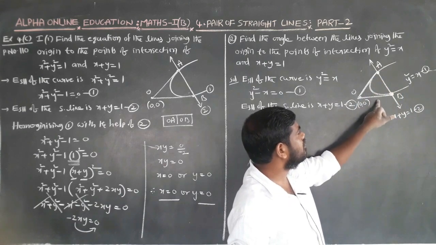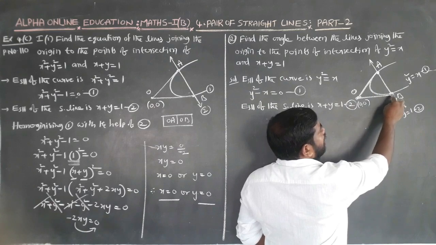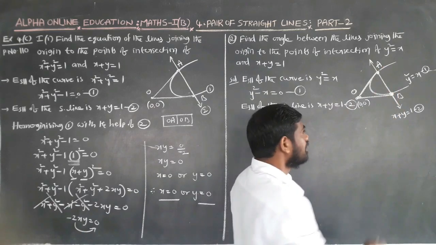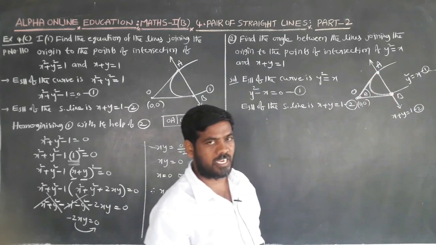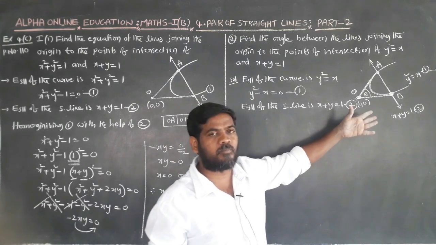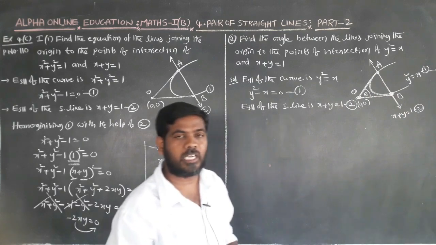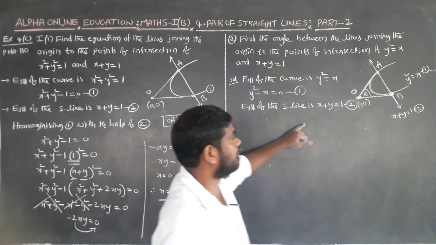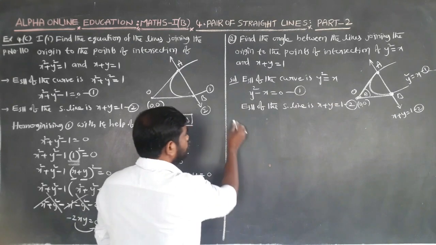Here find the angle between the two lines. First of all, here find the equations of the lines OA and OB. So, first of all, homogenizing one with the help of 2.